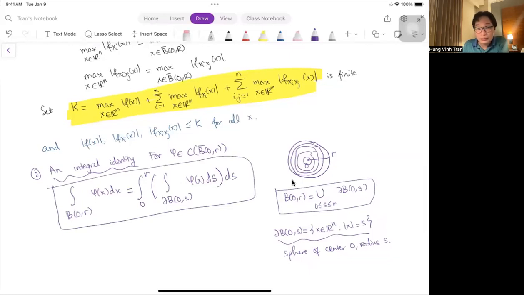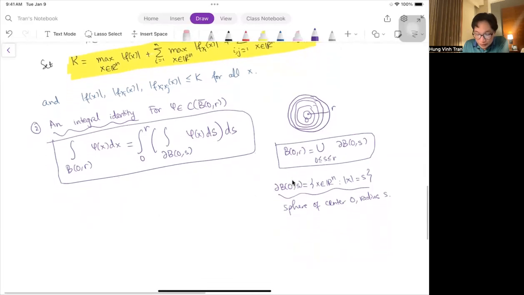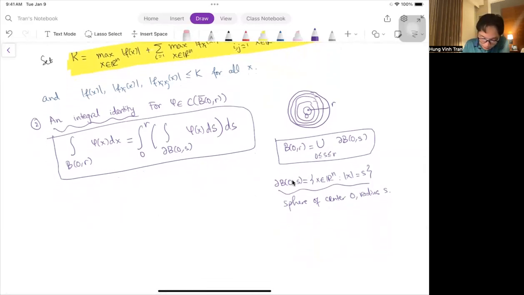Now, this simple integral identity gives us something interesting. I want to address that as an application first before we go to the main proof.